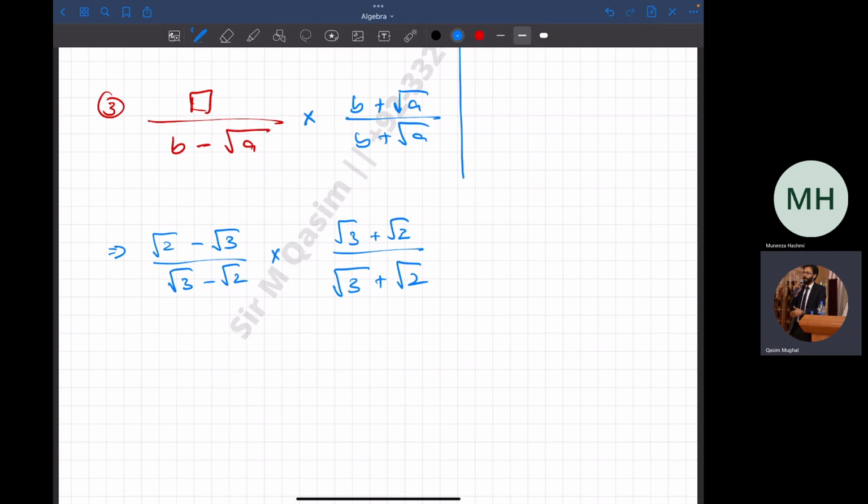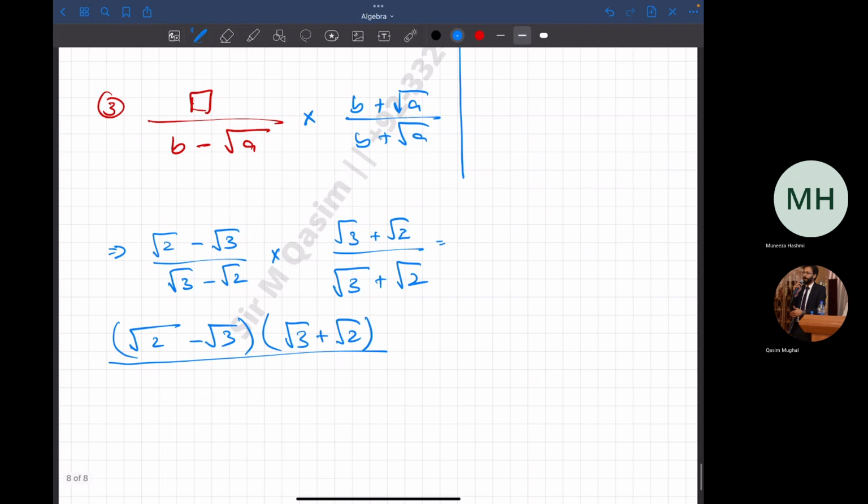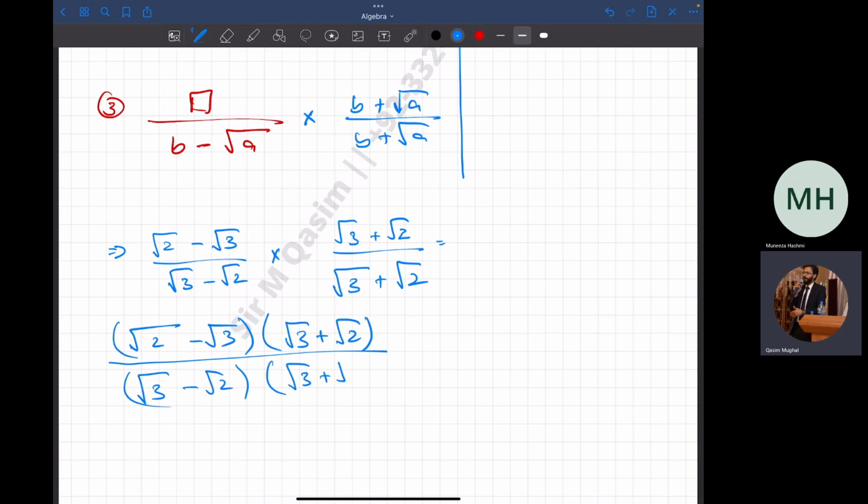So then all you have to do is multiply them the way you normally do. So root of 2 minus root of 3 times root of 3 plus root of 2 over root of 3 minus root of 2 times root of 3 plus root of 2. Down here is already arranged, and you can clearly see the identity is applied directly without any swapping.